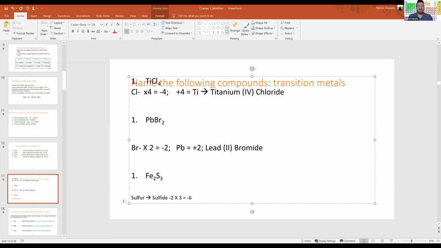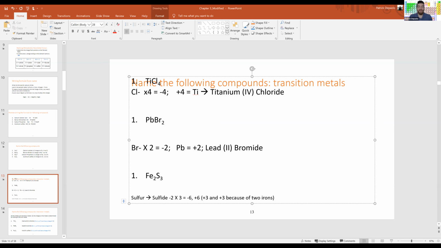Now, this is the most complicated thing about transition metals. When you have more than one metal, we need to take the opposite of -6, which is +6, which is going to be the metal charge. And we need to distribute it into the number of metal atoms in this molecule. So we need to distribute +6 into +3 and +3 because of 2 irons.